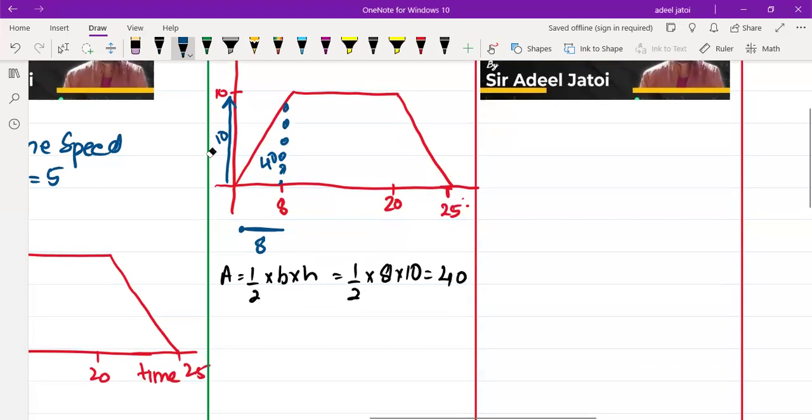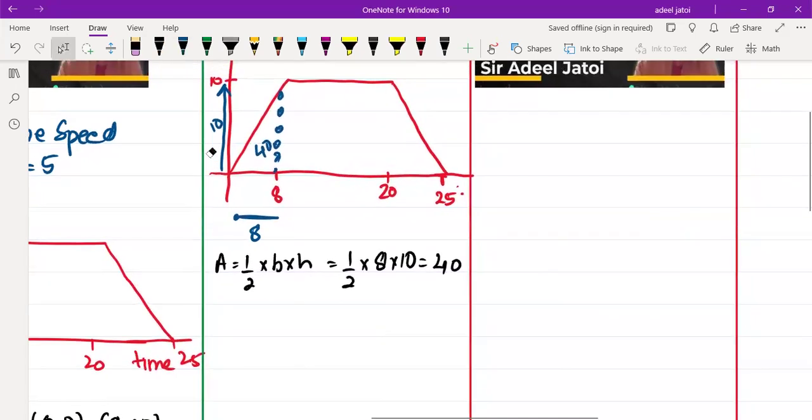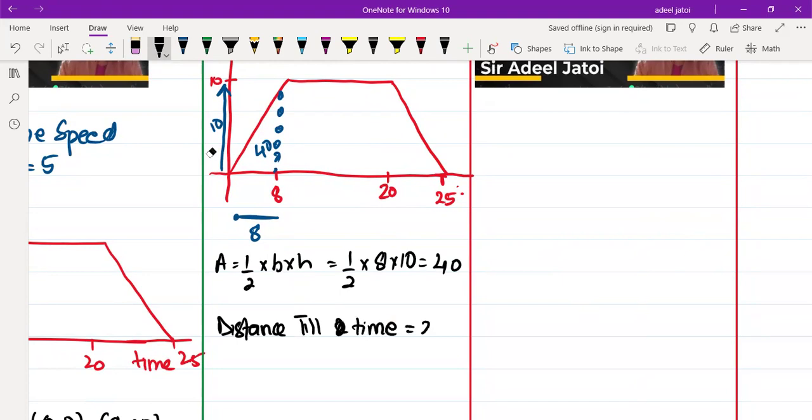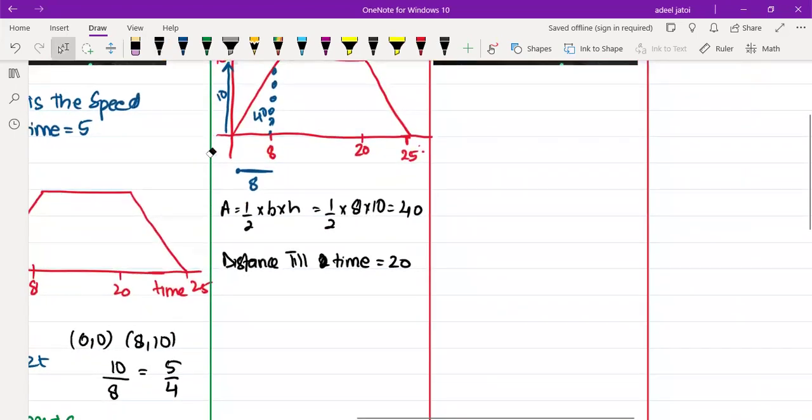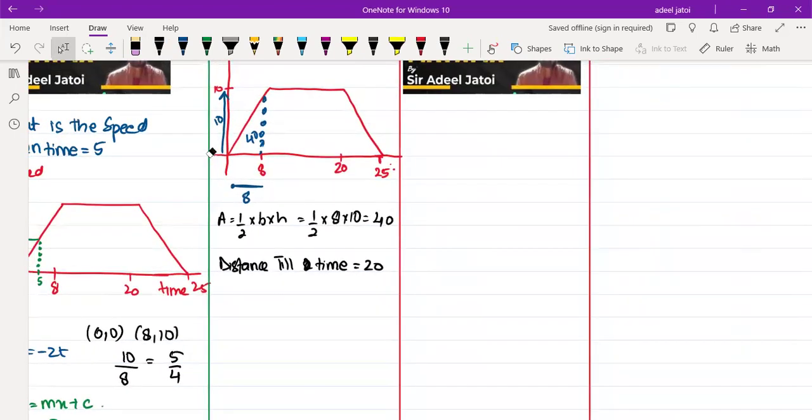Now, let's just say we need to calculate the distance till 20. Calculate the distance till when the time is equal to 20. If we want to calculate the distance, we have already calculated the distance of 8. So what is the difference?